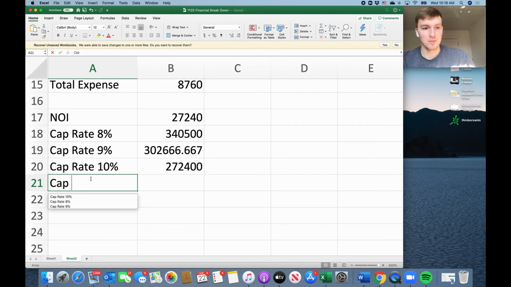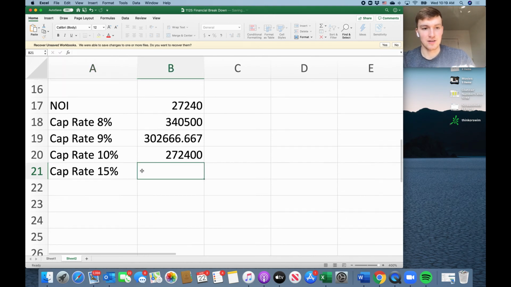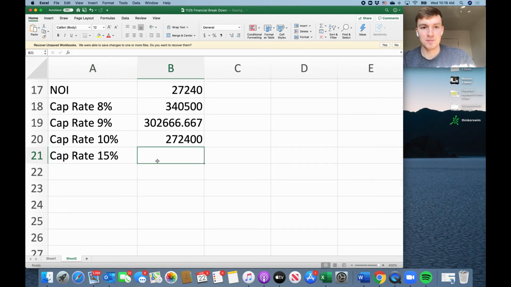So let's say, for example, I do a cap rate of 15% here in my sheet. I'm going to do the same thing: the net operating income divided by 0.15, okay? 15%. That house is literally only worth $181,000, compared to if it were in an area selling at an 8% cap rate, which is $340,000.